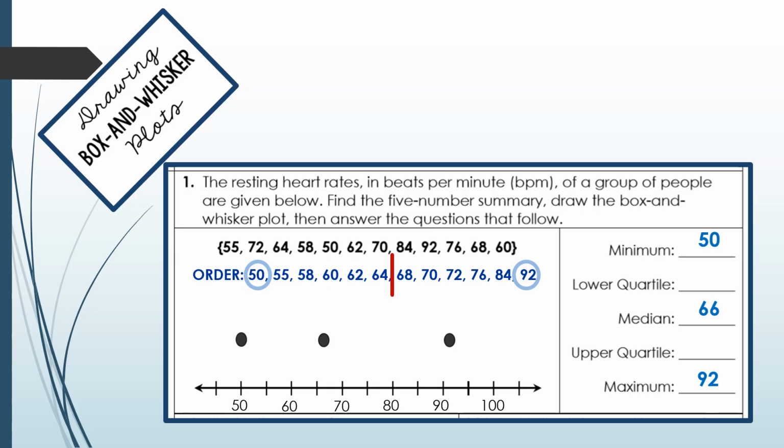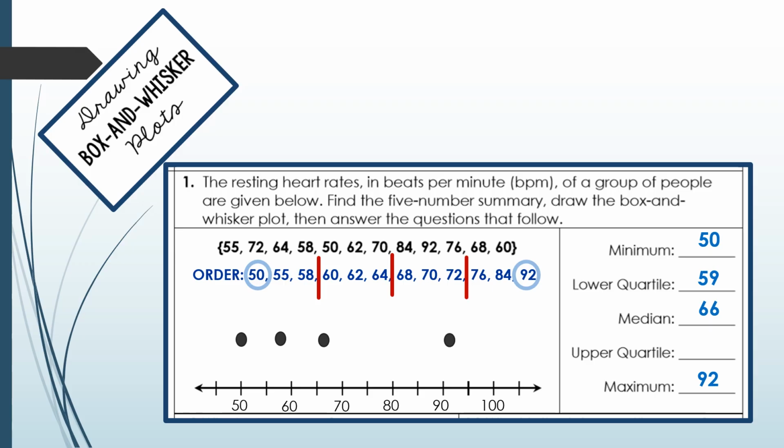The lower quartile is the middle of that bottom half. So right in the middle of 58 and 60, which gives you 59. Put a point on your plot for that. The upper quartile is the middle of the upper half. So from the median to the highest value, we need the middle.